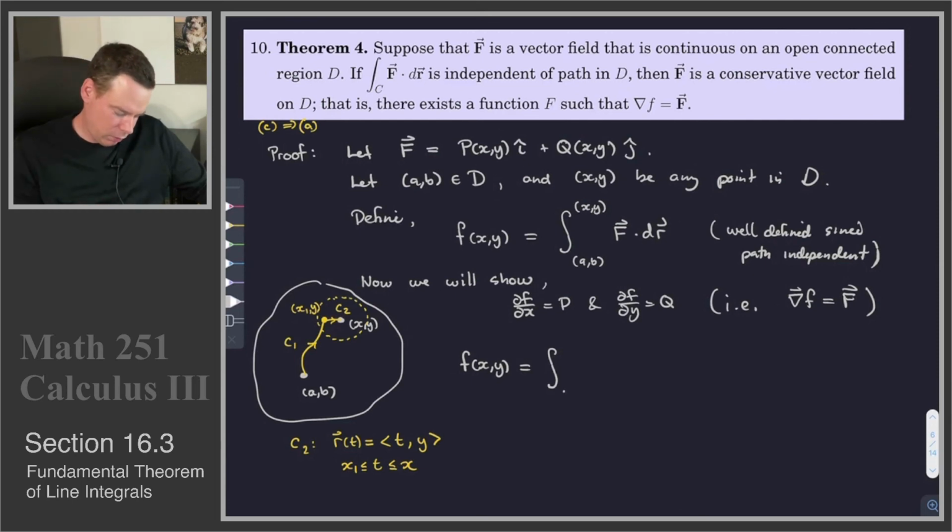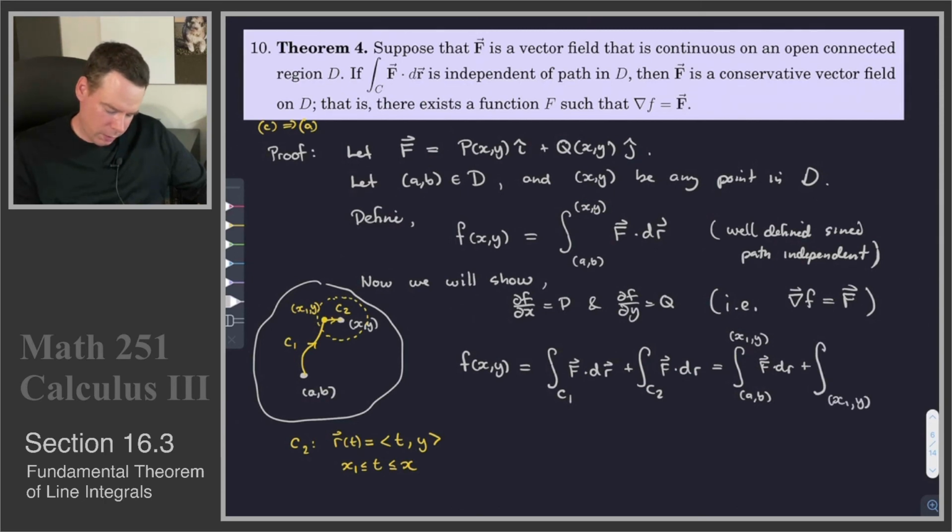So I will integrate first along the C1 path, F dot dr, and then I will integrate along the C2 path, F dot dr. And if I do that, the integral along the C1 path is from AB to x1,y, F dot dr, and then the integral along the second path is from x1,y to x,y, F dot dr.